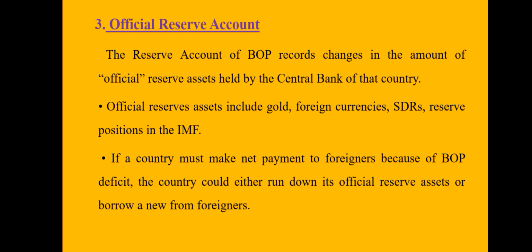So, when there is excess of receipts over payments, there will not be any problem. But when the payments are more than receipts, there will be deficit in the balance of payment. In such condition, the country may use the official reserve assets, or it may borrow anew.